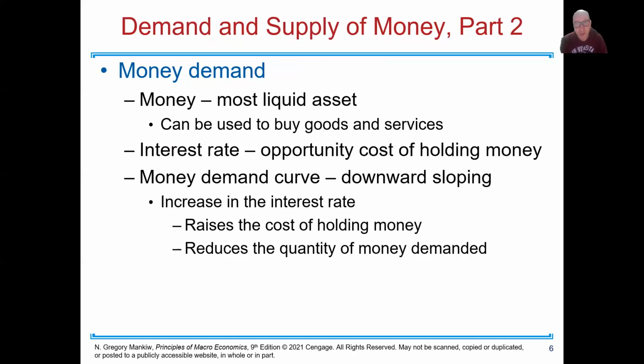The interest rate is an opportunity cost of holding money. In other words, the interest rate is the cost of money. For example, if you took out a loan in order to get cash, the loan has an interest rate. That interest rate is the cost of borrowing the money.